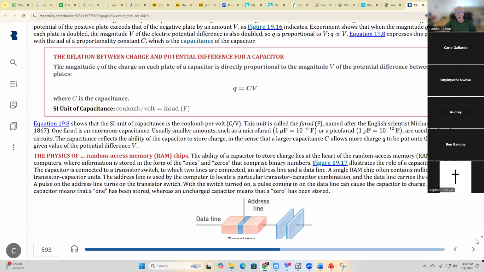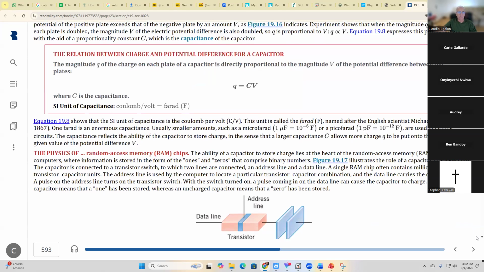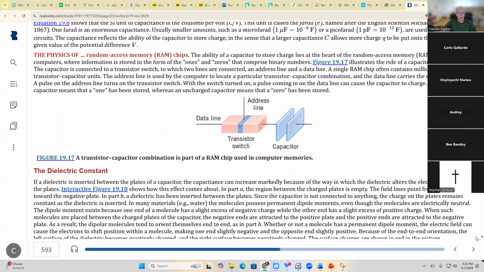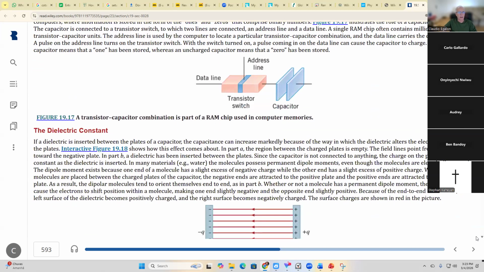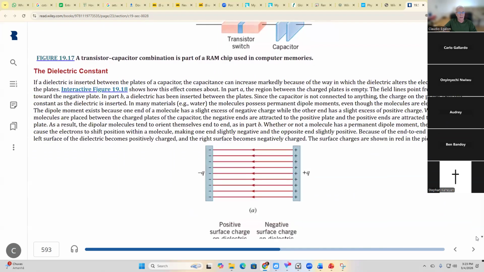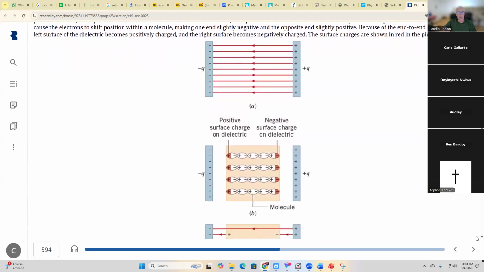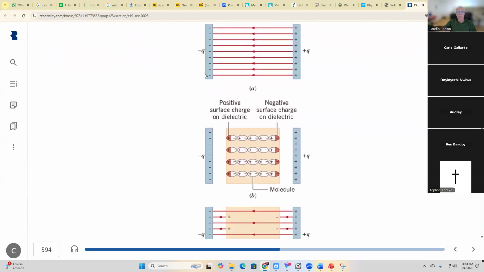We're not going to worry about random access memory. You can skip that. This random access memory has a transistor here. A transistor is a device that we cover in a more advanced course. The dielectric constant, that's what I want to show you. Okay, here you go. The same illustration that I got, right? Vacuum between the plates, a dielectric between the plates.